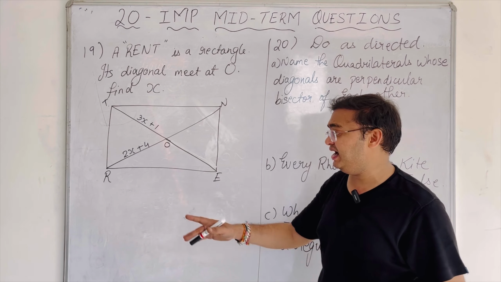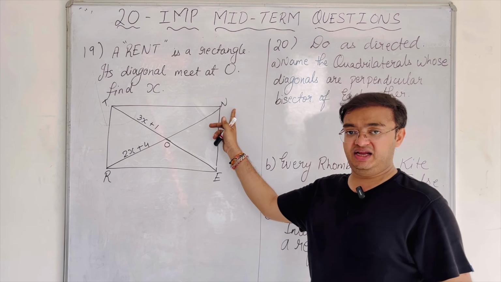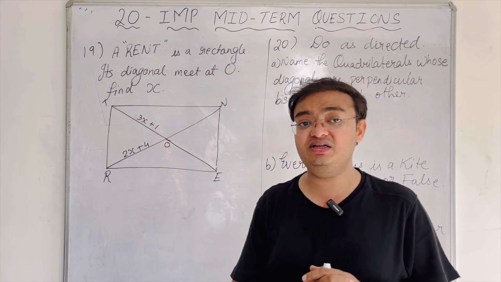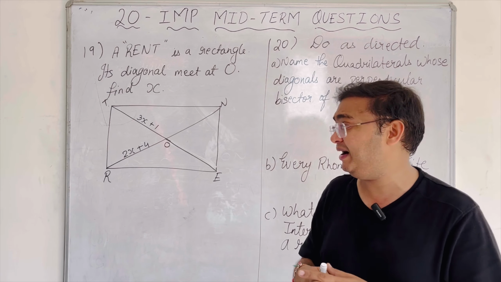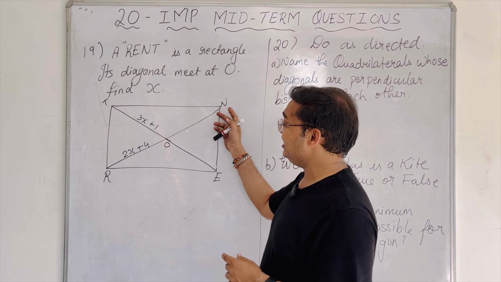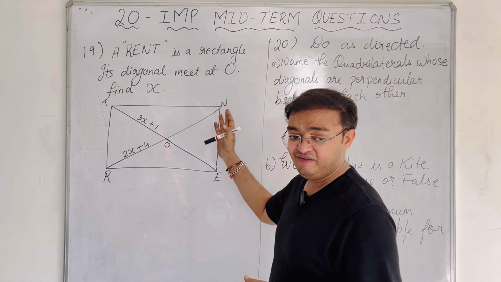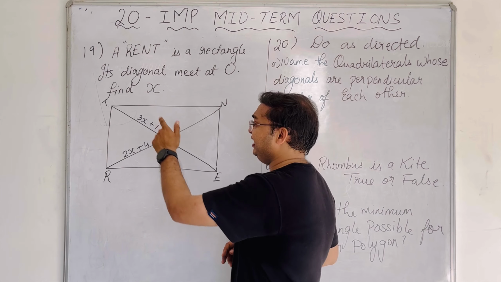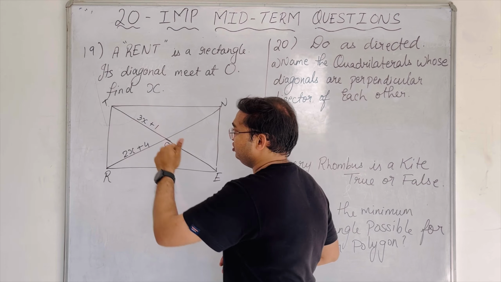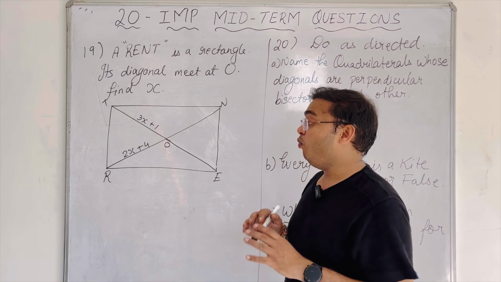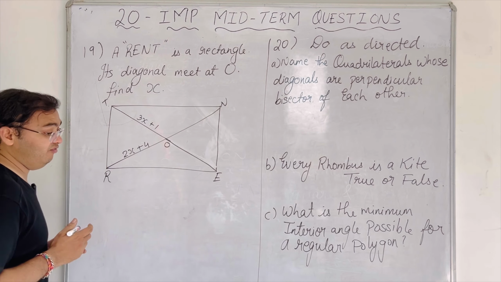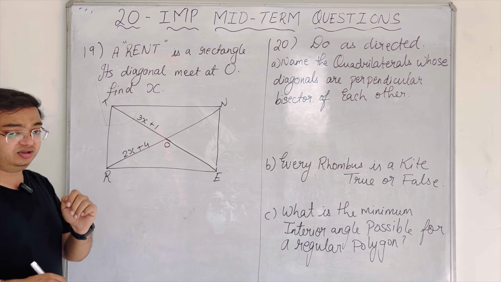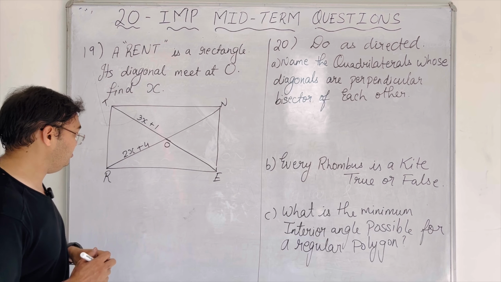If RN is 20, then ET is also 20, and since the diagonals bisect each other, half of RN, which is 20, is 10, so RO is 10. In the same way, if ET is 20, then OT is also 10. We come to the conclusion that in a rectangle, half of a diagonal is equal to half of the other diagonal. That means what?